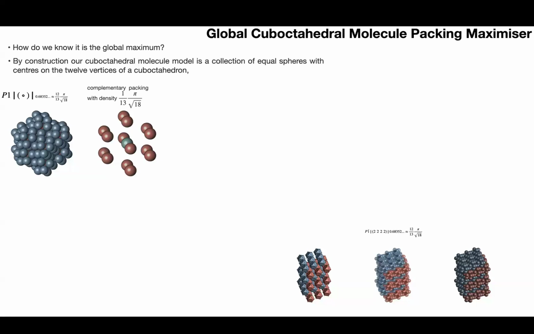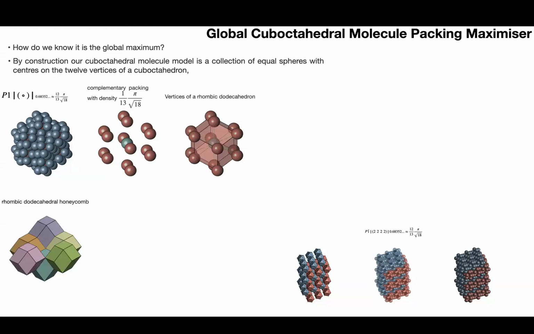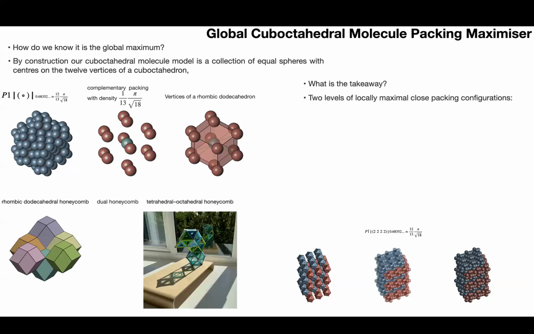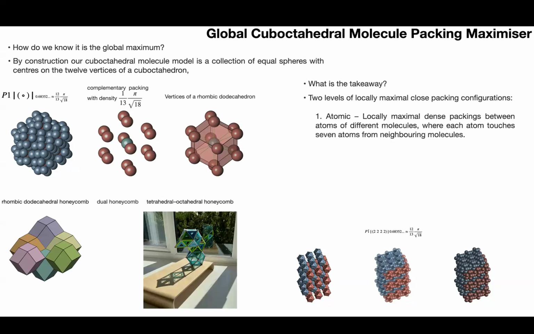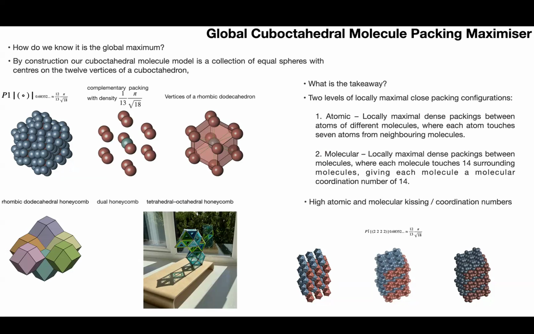So we have the optimum. The vertices are basically on the vertices of a rhombic dodecahedron, which means we have locally densest packings on two levels.